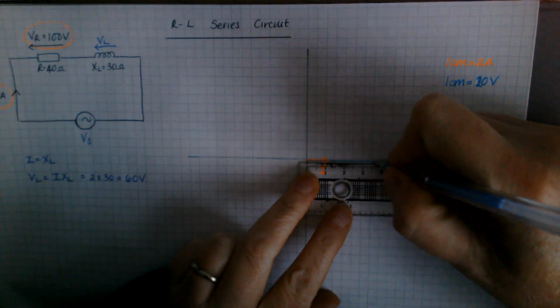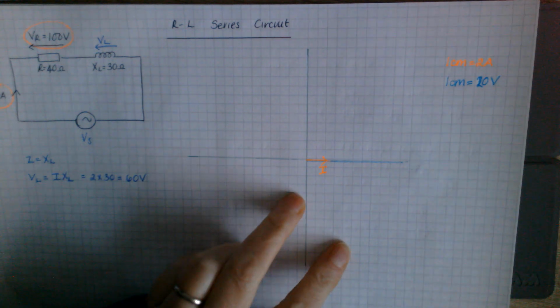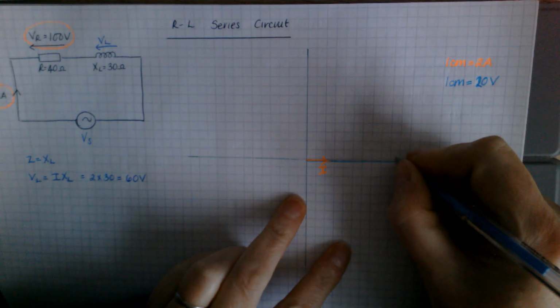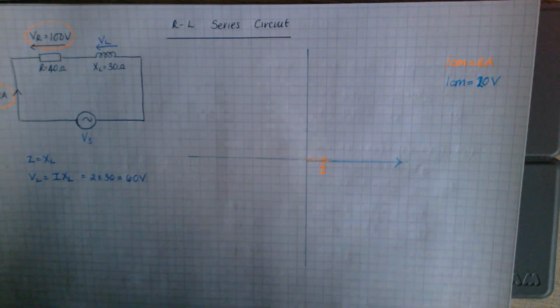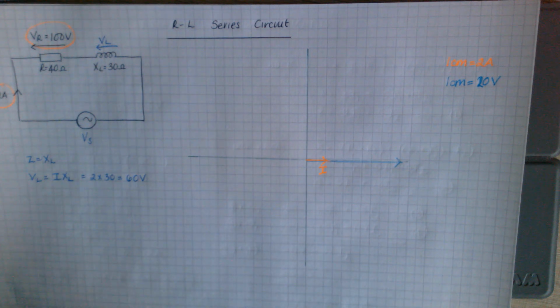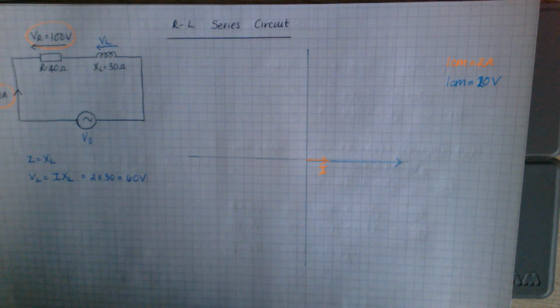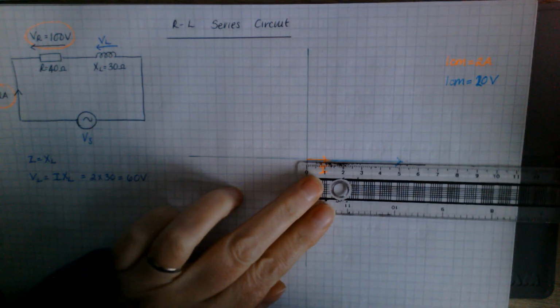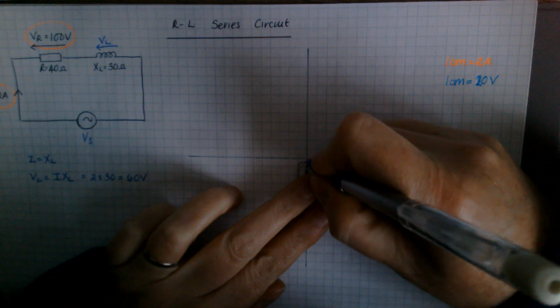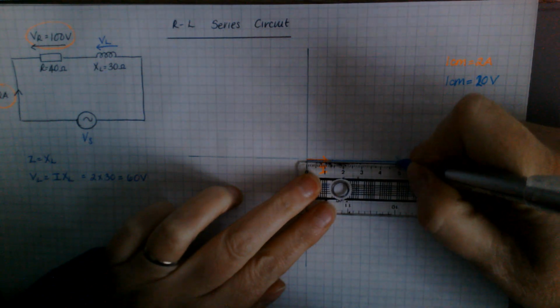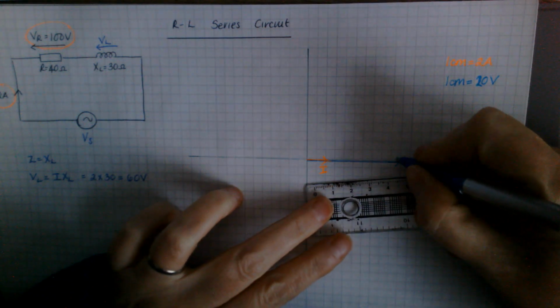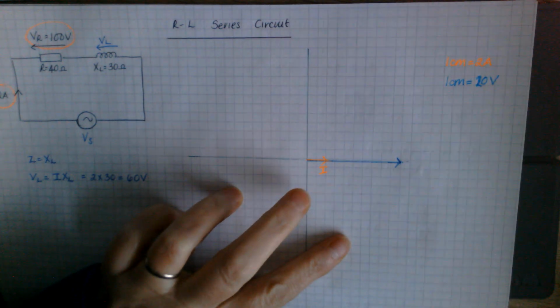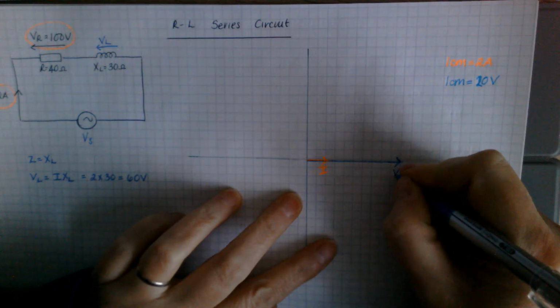So that would be my VR phasor there. I'll go over this in a pen that works a bit better. That's my voltage across my resistor.